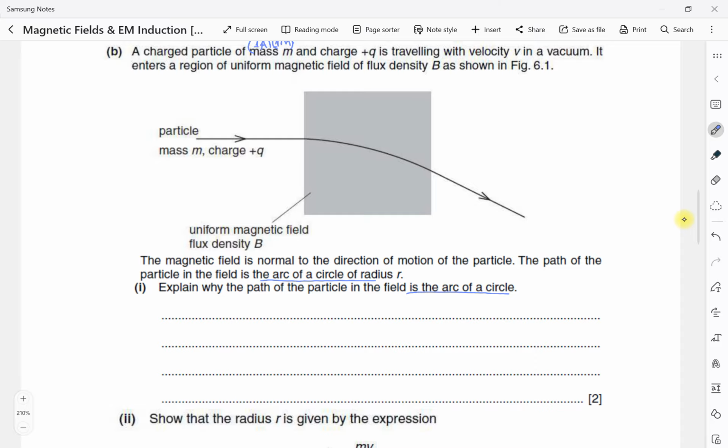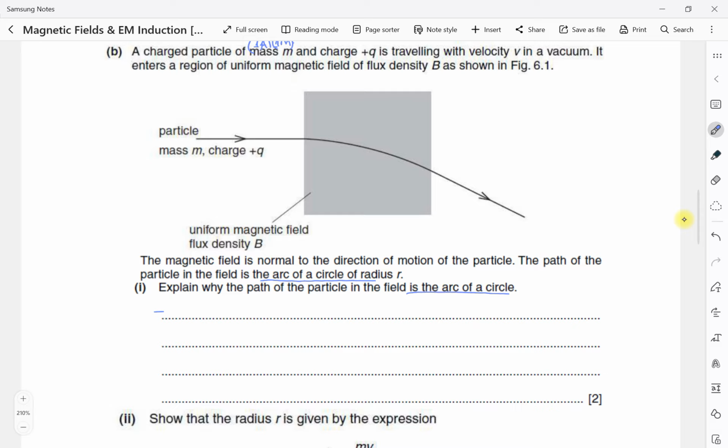So we have answered a similar question many times. We have been saying the magnetic force on the particle is constant and is always perpendicular or normal to the direction of motion and to the velocity of the particle. So the magnetic force does not change the speed or the kinetic energy, so there is no work done. It just provides a centripetal force or centripetal acceleration.